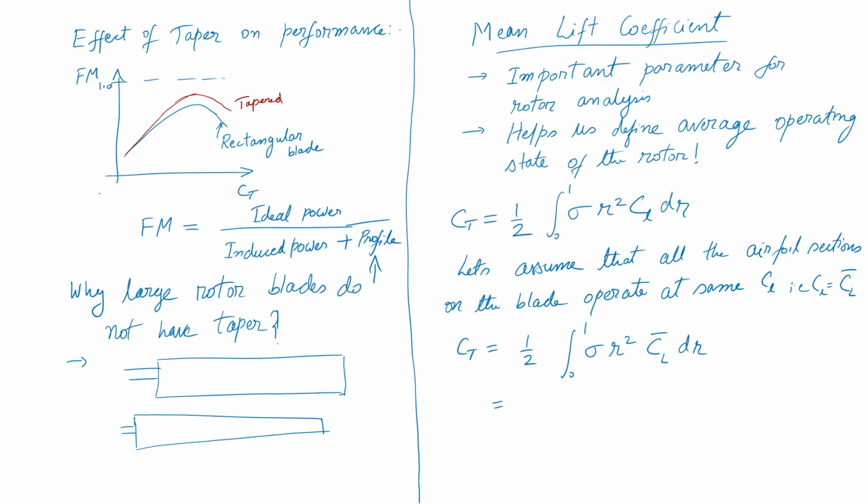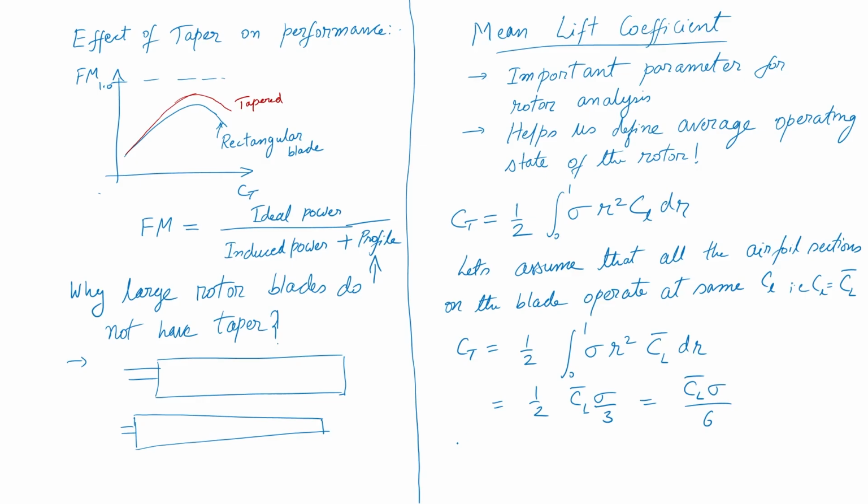I can take CL bar and sigma as constant. So my integration is simply r square dr, which becomes 1 by 3. I would end up getting half CL bar sigma into 1 by 3, or I can simply write this as CL bar sigma by 6.